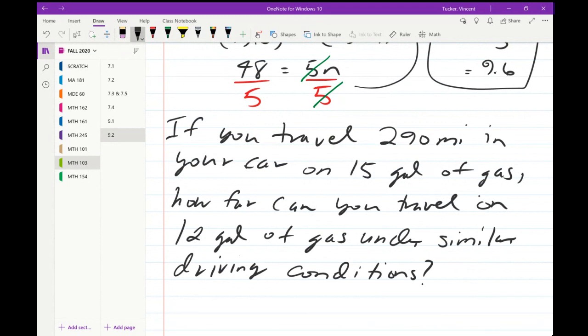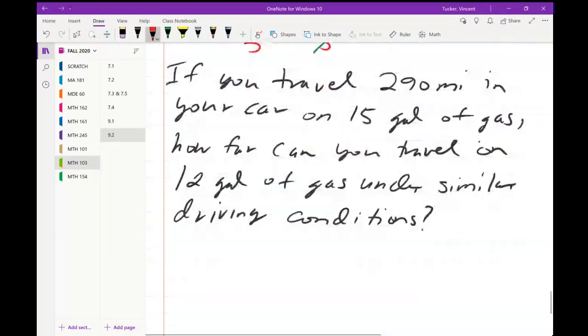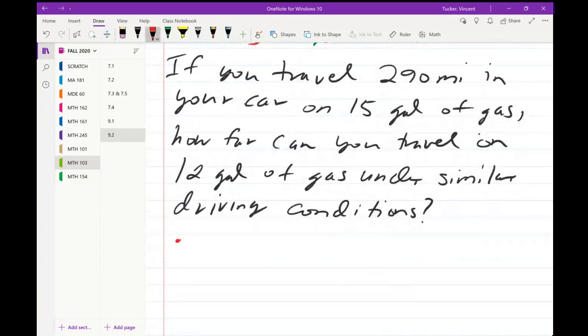All right, so if you travel 290 miles in your car on 15 gallons of gas, how far can you travel on 12 gallons of gas under similar driving conditions? So the first thing you want to do is set up your proportion and be consistent in how you set it up.